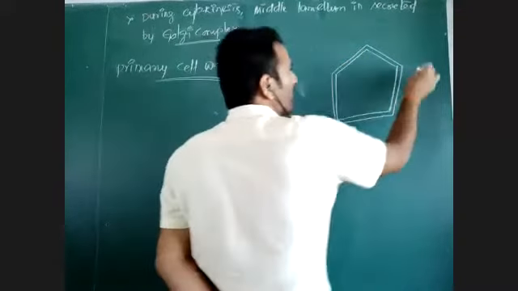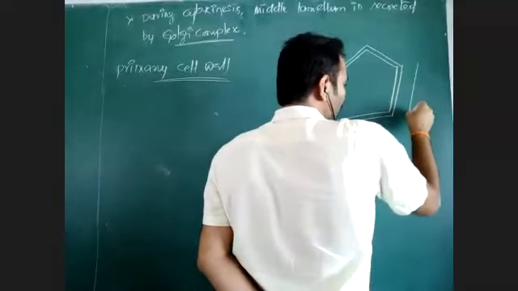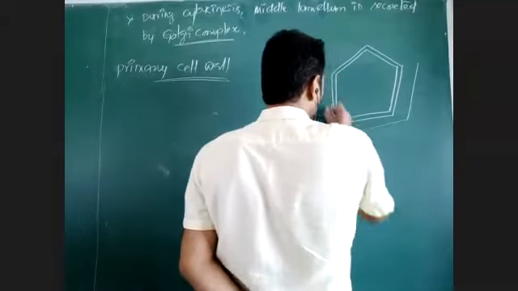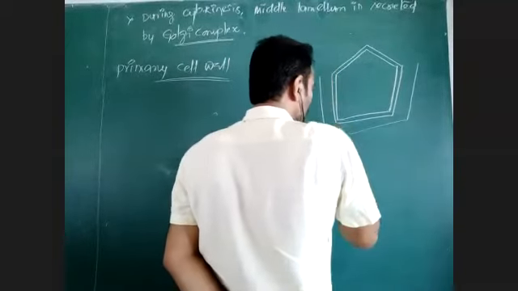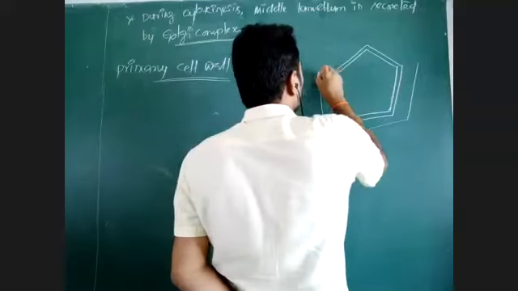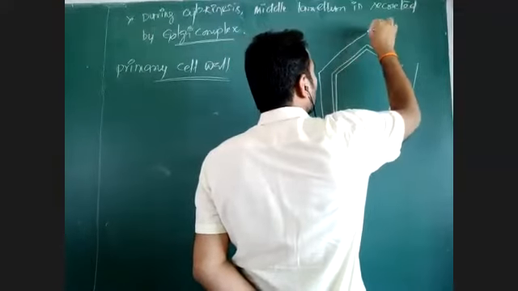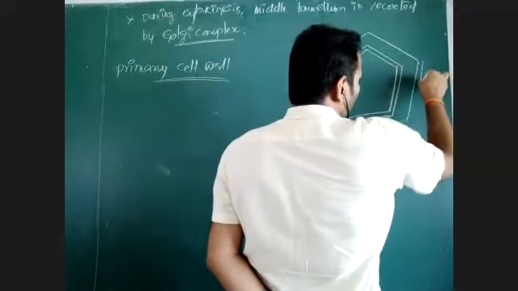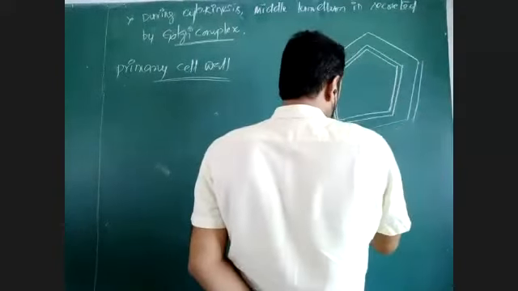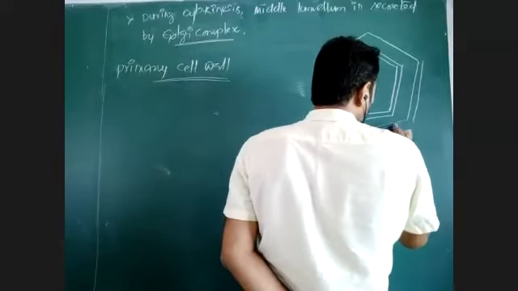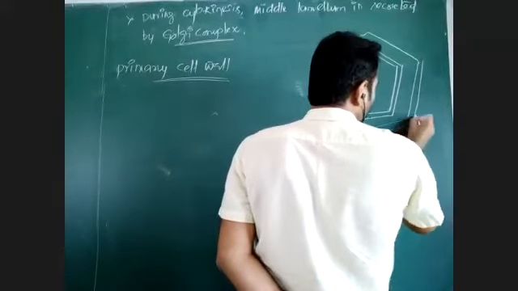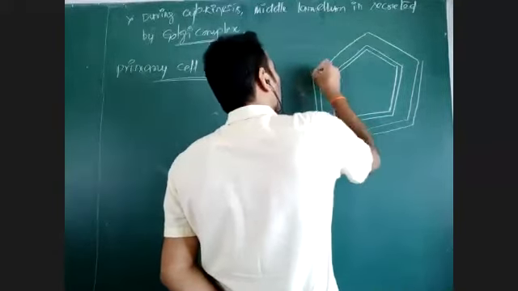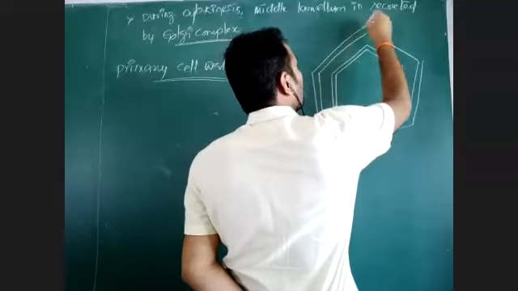Outside it, next to the tertiary layer, is the secondary layer. And next to that is the primary layer of the cell wall, the outer layer.